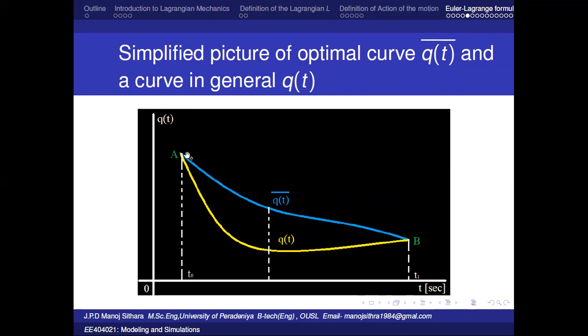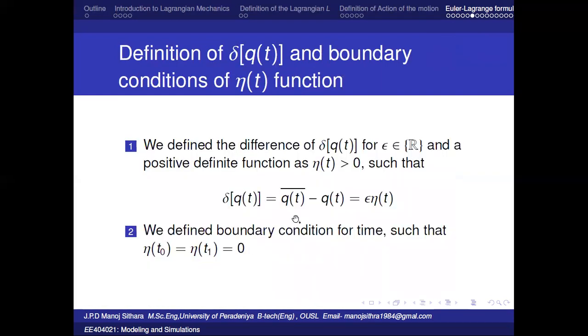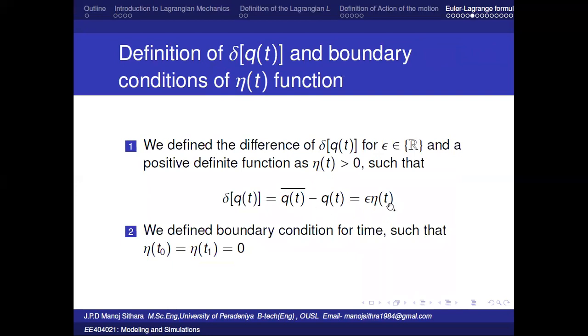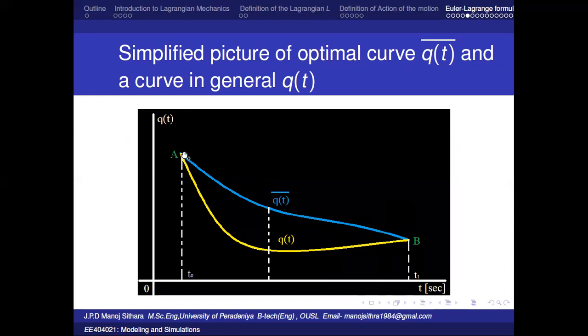We know that whatever the value of epsilon, eta must be 0 because the optimal path and general path coincide at both points A and B. So if we substitute t0 into the difference equation at some epsilon value, we must have 0 because these two points are the same for both the general curve and the optimal path.